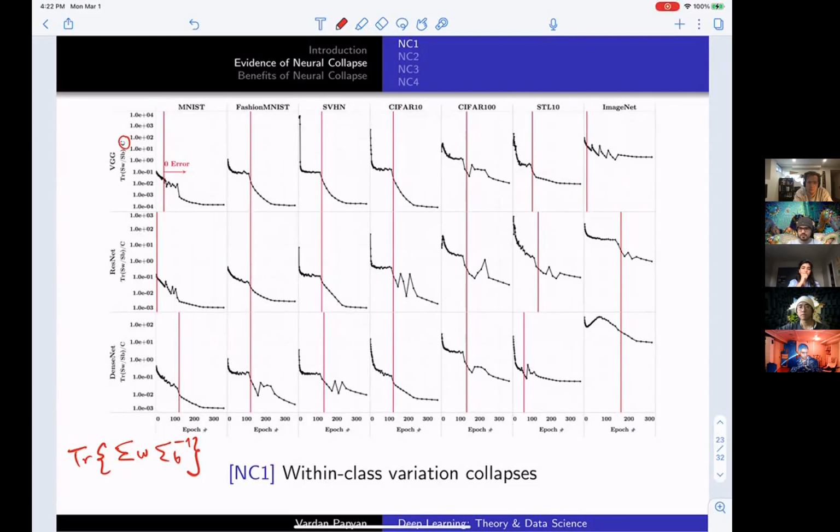Why would we use the within class covariance? Yes, it is the within class covariance, yes. I think it also normalizes with the number of classes. Yeah, that is correct.